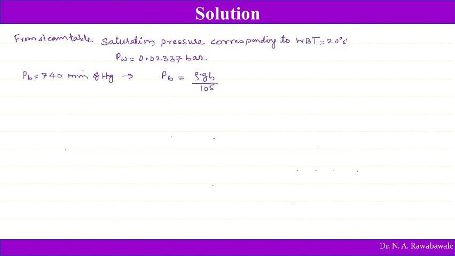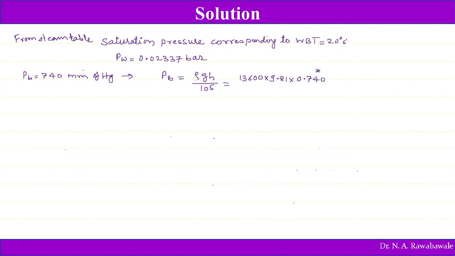If we substitute this rho g h, then we get it in Newton per meter square. When we divide it by 10 to the power of 5, it becomes bar. Rho is 13,600, the density of mercury, into 9.81 meter per second square, the acceleration due to gravity, and h is 0.740.